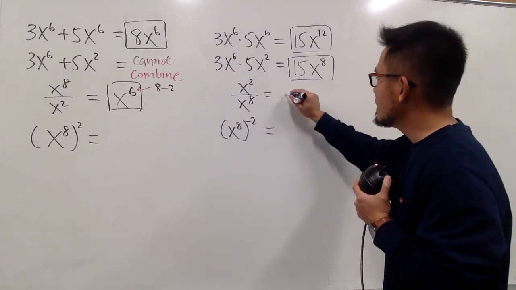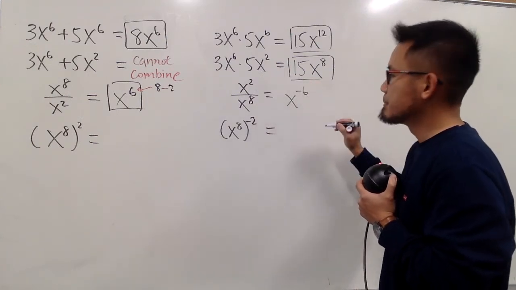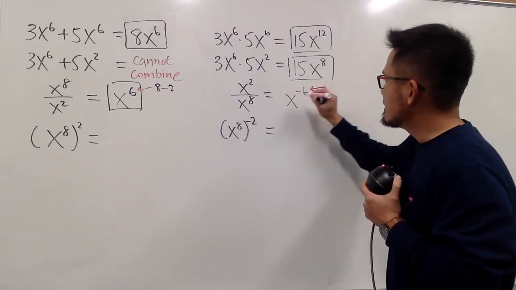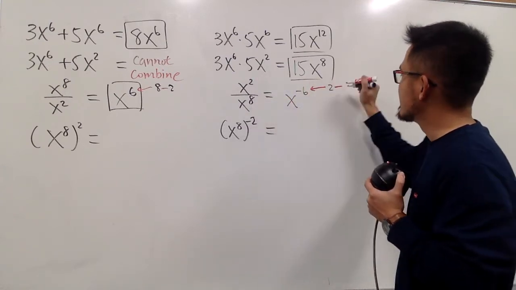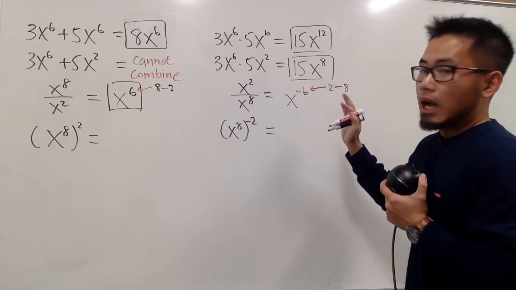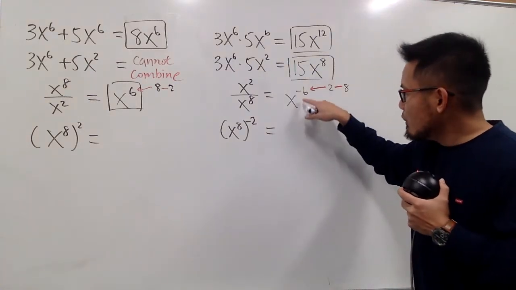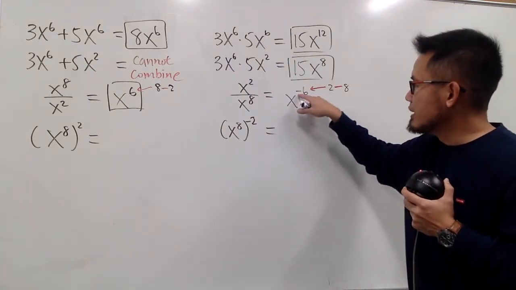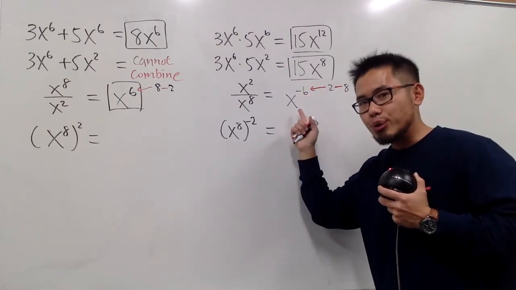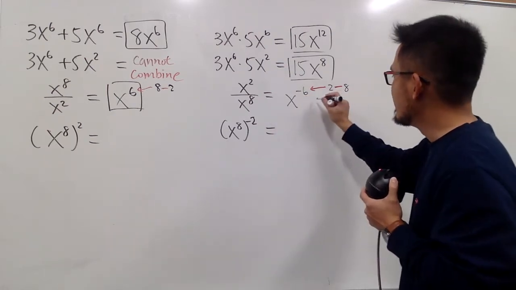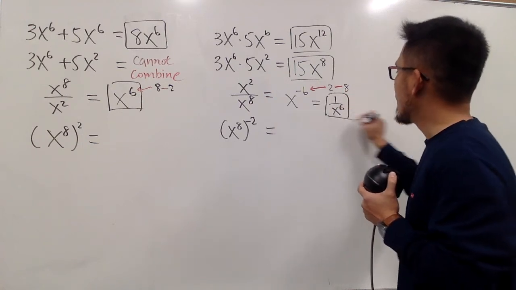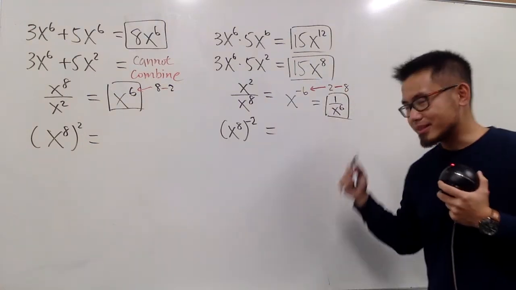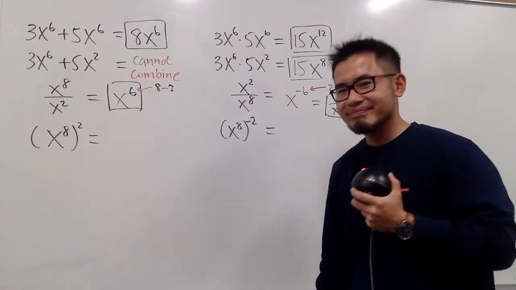So this is going to be x to the negative 6th power. However, we end up with a negative exponent, so be sure you bring this down to the denominator and answer this as 1 over x to the positive 6th power, like this. So that's it for that.